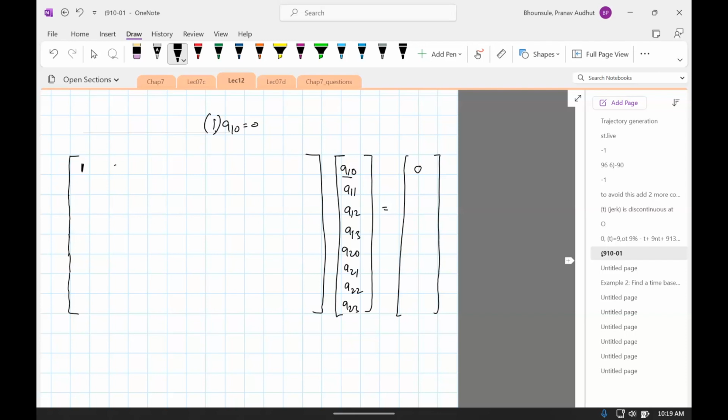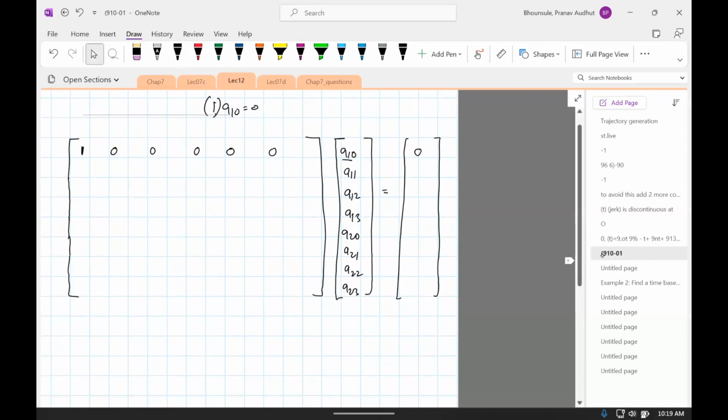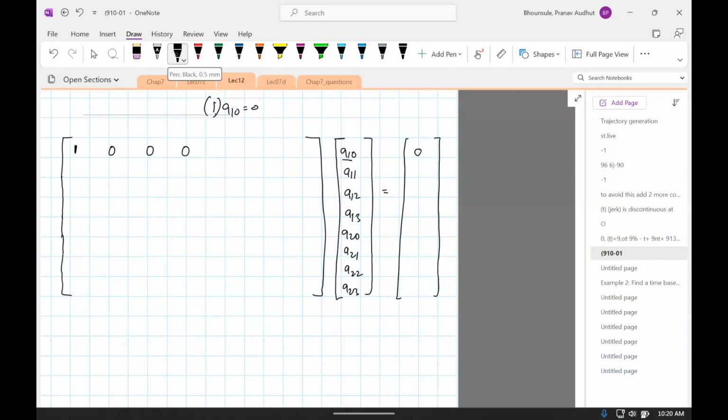Everything else here is 0. There are 7 zeros except for that one single entry. So that's the first equation.